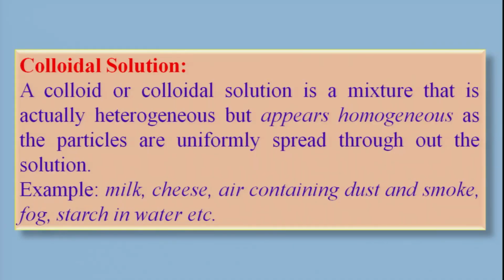A colloidal solution is actually heterogeneous but appears to be homogeneous as the particles are uniformly spread throughout the solution. Like a true solution, in a colloidal solution the particles are uniformly distributed and highly stable in nature, because these colloidal particles execute a zigzag random motion, which is known as Brownian motion, observed by a scientist called Robert Brown.